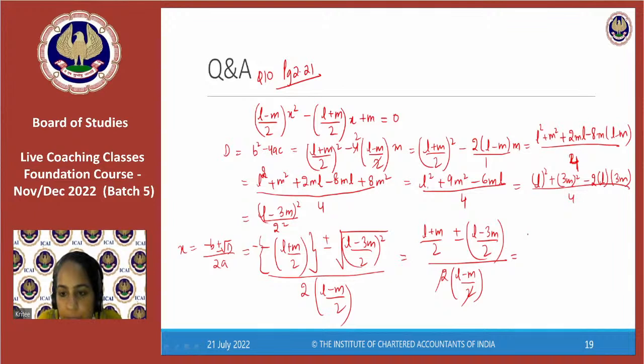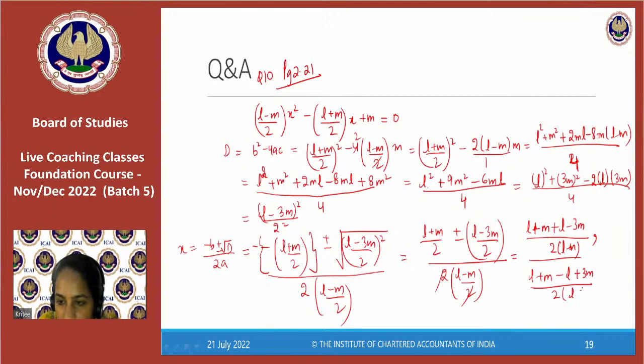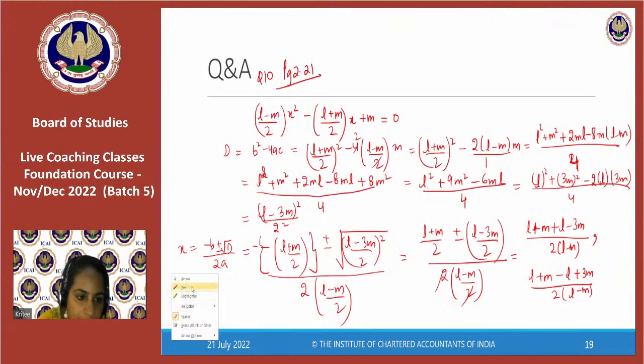So now, if you do it separately, one part is (L plus M plus L minus 3M) whole upon 2 into (L minus M). Then the other is (L plus M minus L plus 3M) by 2 into (L minus M). These are the two factors. Rearranging, this gives you (2L minus 2M) upon 2 into (L minus M).